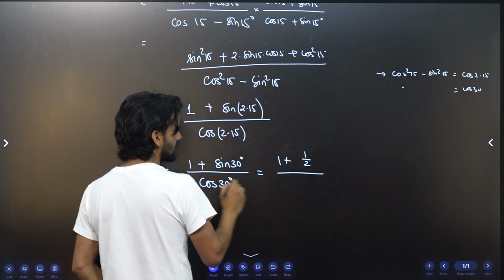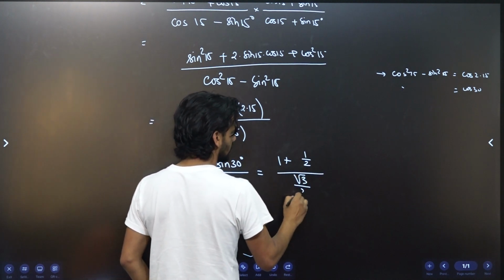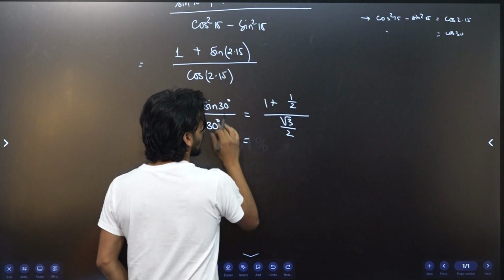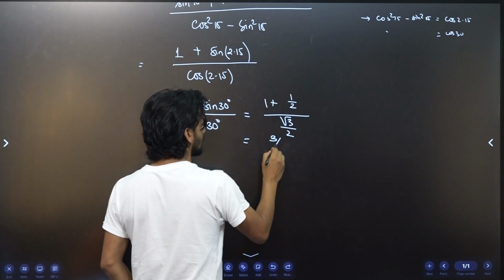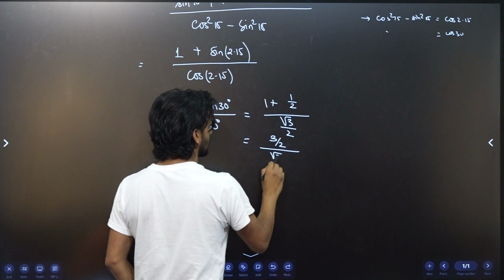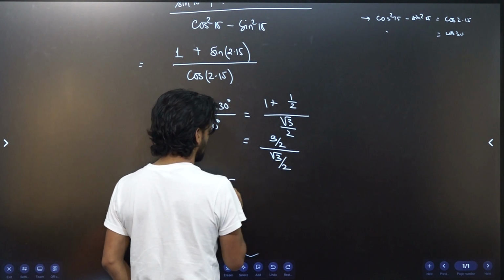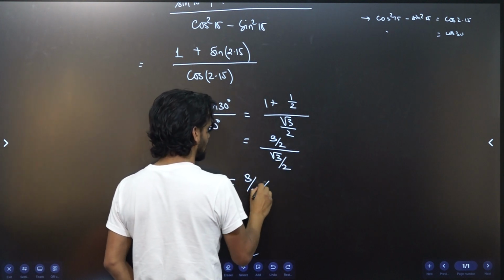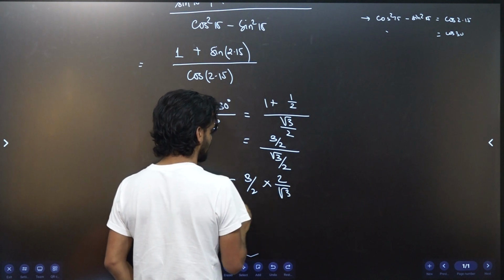Equals 1 plus sin 30, which is 1/2, divided by cos 30, which is root 3 by 2. 1 plus half is 3 by 2, so it equals 3 divided by 2 times 2 divided by root 3.